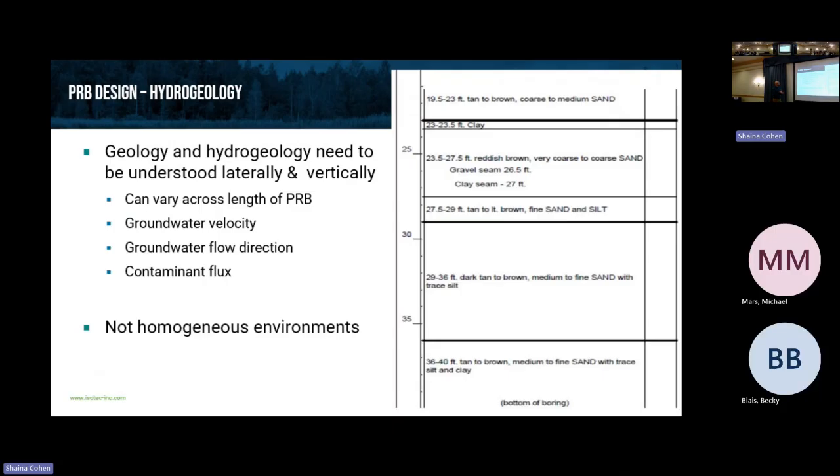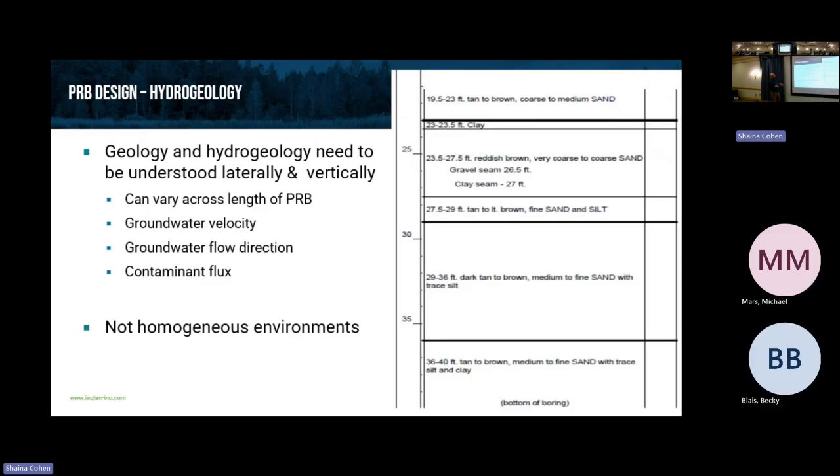This is even looking at a 10 to 12 foot vertical interval, and this is just one boring, but we see coarse to medium sand, very coarse sand, medium sand, but then medium to fine. In between, medium sand, very coarse medium sand, 6 inches of clay. And then there's this clay seam, which is right next to a gravel seam. So we have a couple inches of gravel, a couple inches of coarse sand, a couple inches of clay, a couple inches of coarse sand and silt.